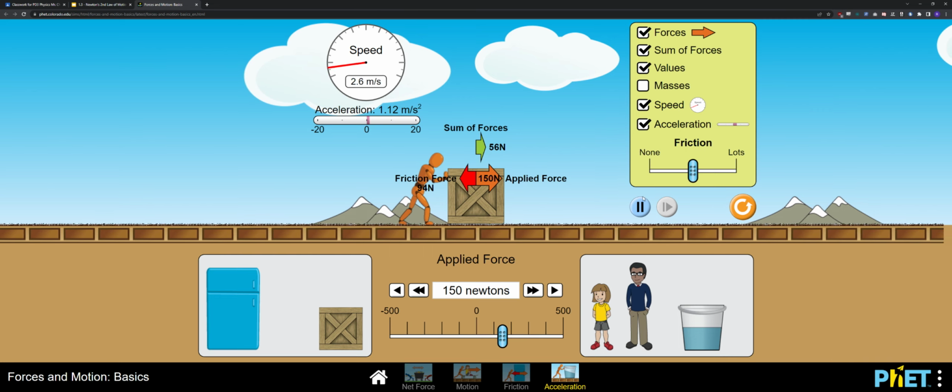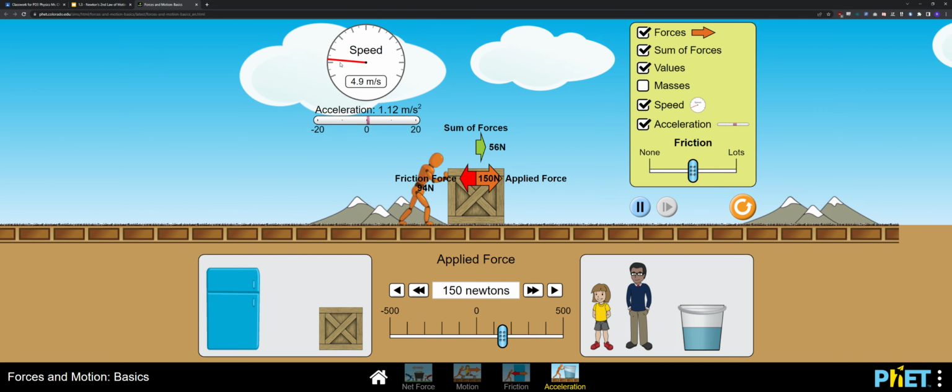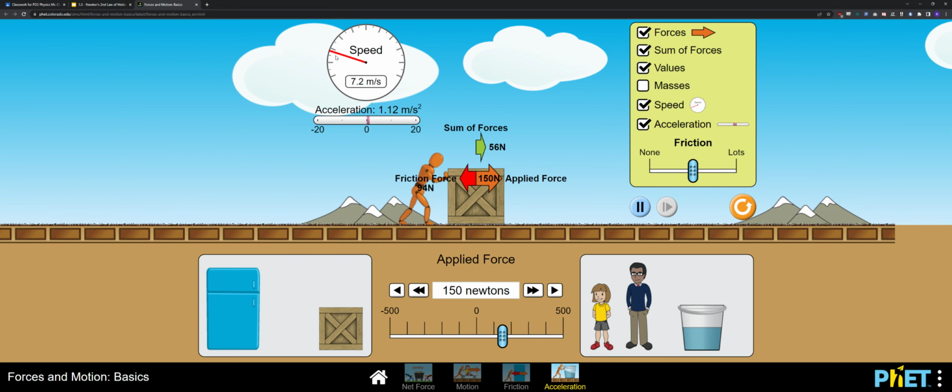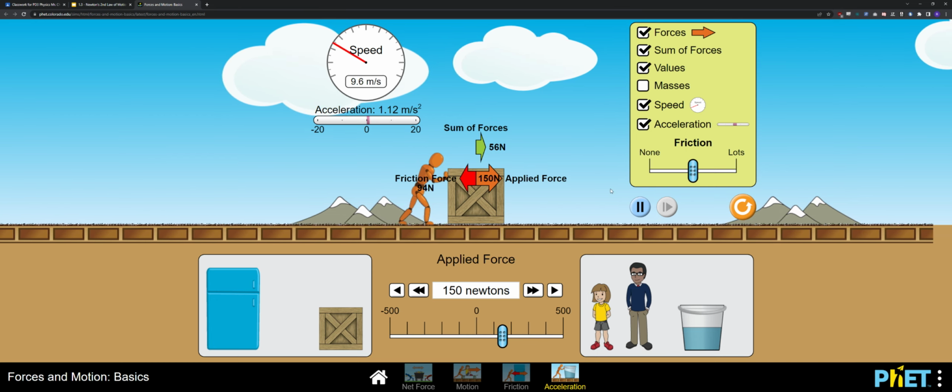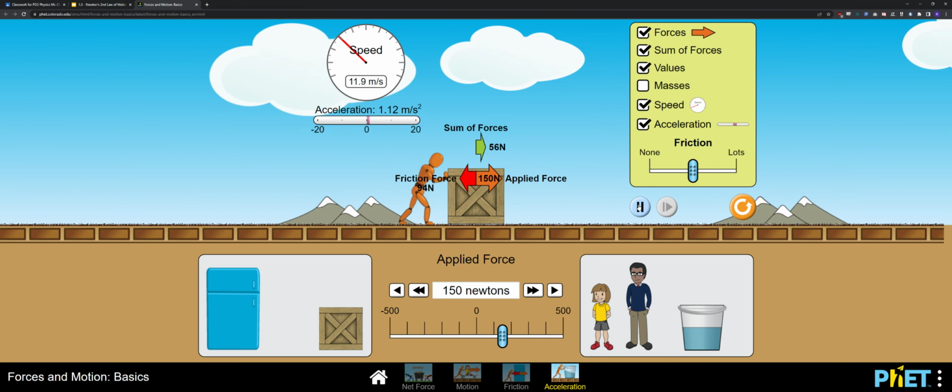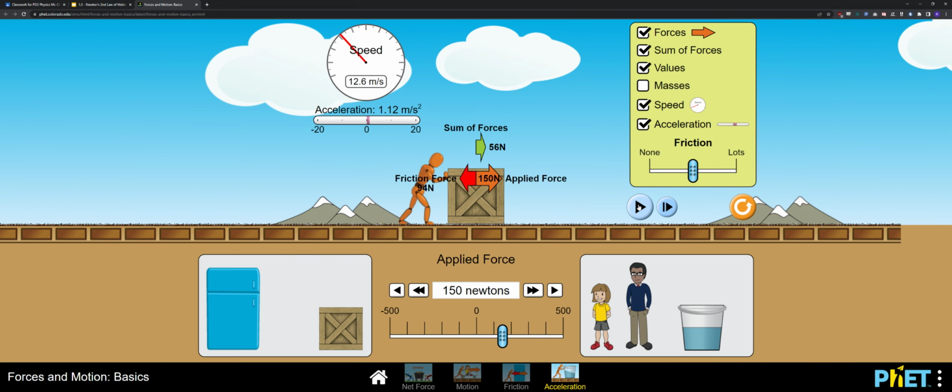As you can see, my speed is constantly changing now. So when my forces are unbalanced, my speed changes, my velocity changes. And my acceleration, a term that we haven't defined yet: I now have an acceleration. If I'm changing an object's motion, I have an acceleration.